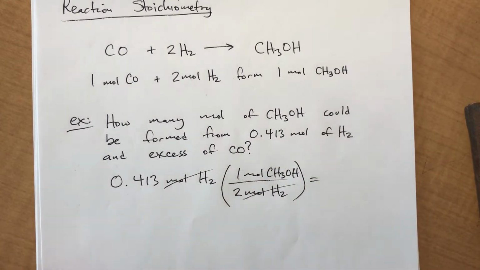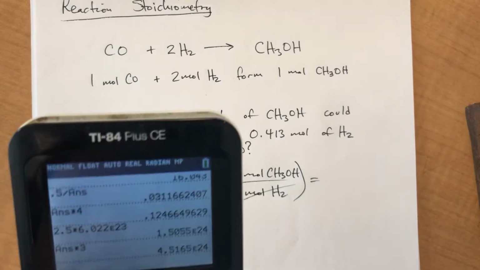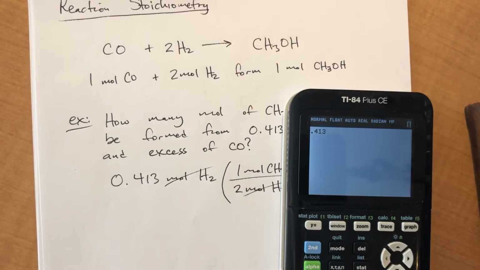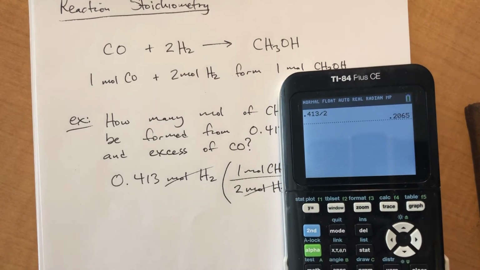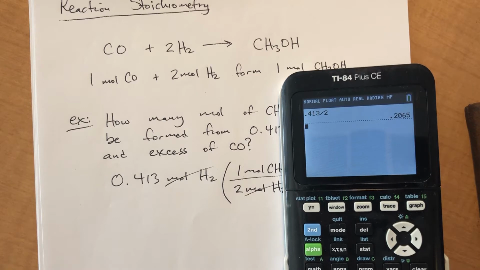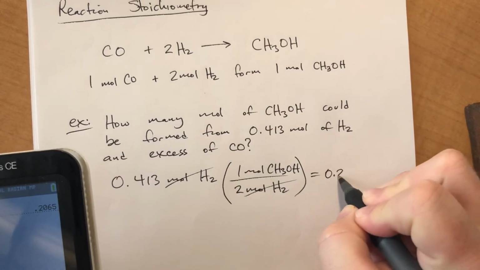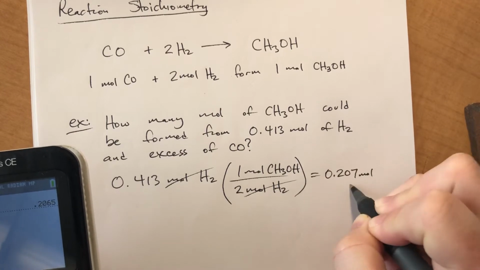So literally, you're just taking this number and dividing it by 2. So you're going to take 0.413 divided by 2. And the math works out to be 0.2065366, 0.207, I think, is the answer. Not real complicated, right?